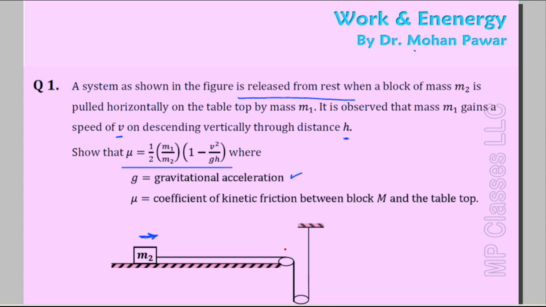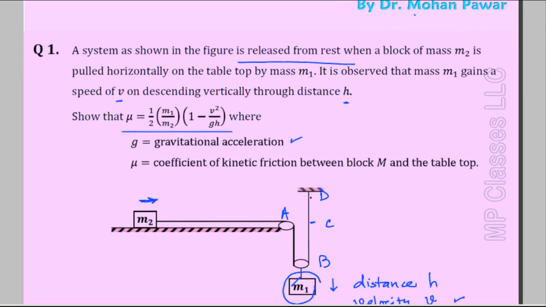If I call this point A, this point B, this point in line with this string C, and this point, say, D, I notice a certain thing from these lengths, that DC is constant.